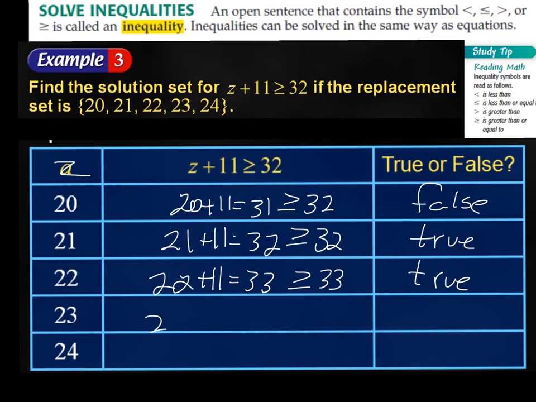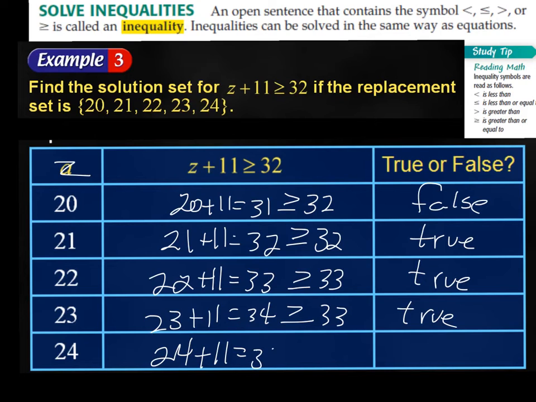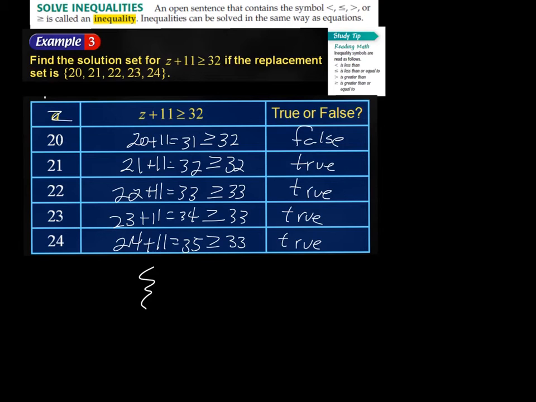As we continue on, of course they're going to keep working because we're getting bigger. So 34 is also greater than or equal to 32, and 24 is too. The only one that didn't work was 20. So the solutions are 21, 22, 23, and 24.